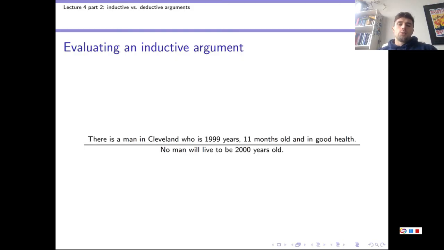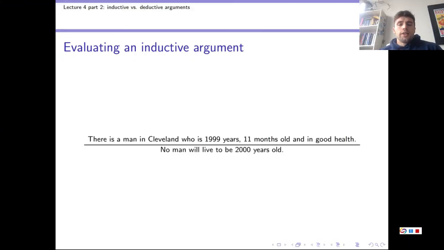Okay, so if the premise were true, that is, given the premise, the conclusion would probably be false. That is, that guy in the argument probably would live to 2000. So some man would live to be 2000 years old. So here's one last question. Okay, so while the conclusion considered on its own is probable, the conclusion given the premise is not.